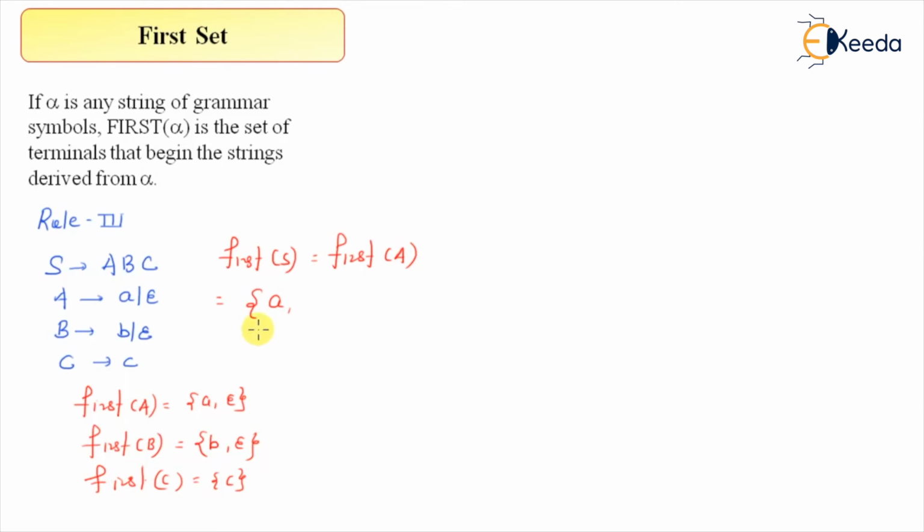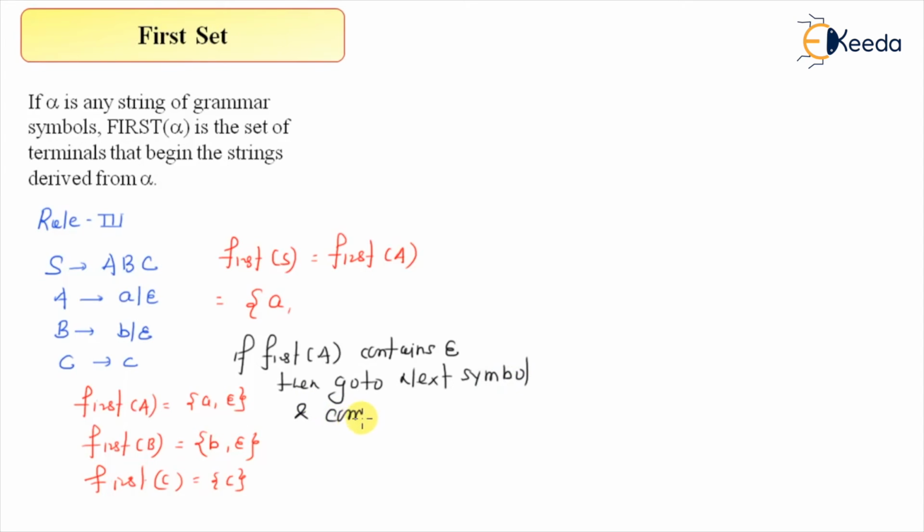Okay. Now if I am writing a statement here: if first of capital A contains epsilon, then go to the next symbol and compute first.